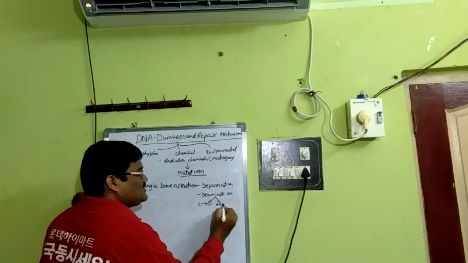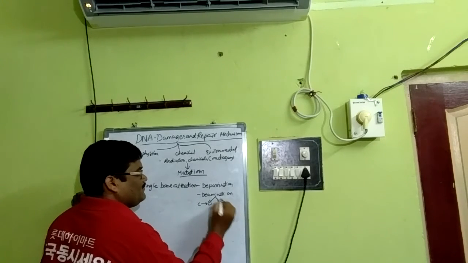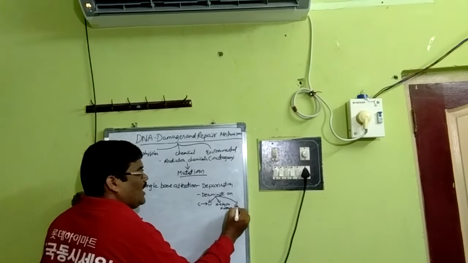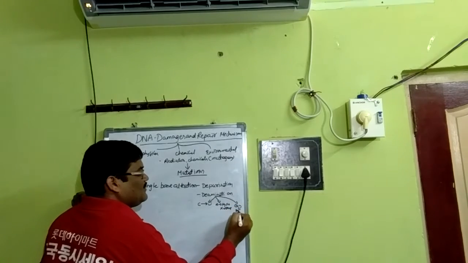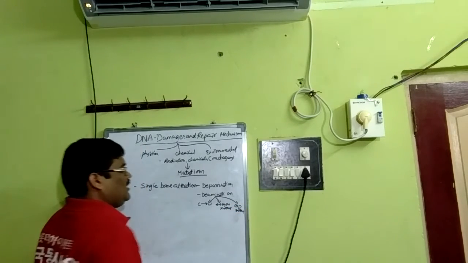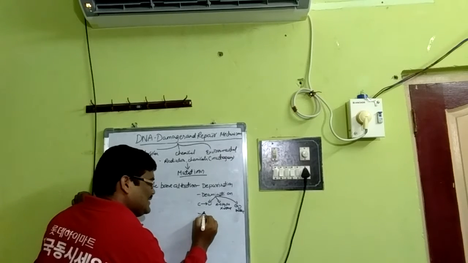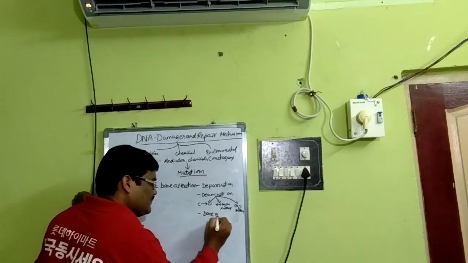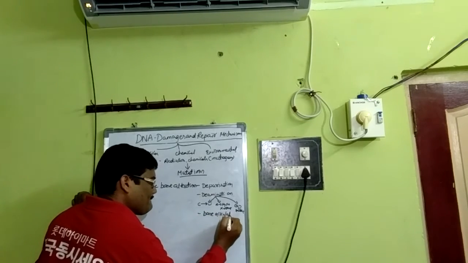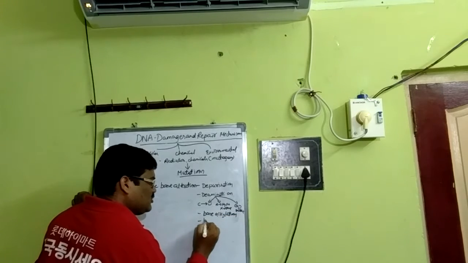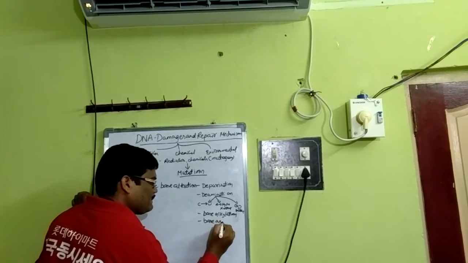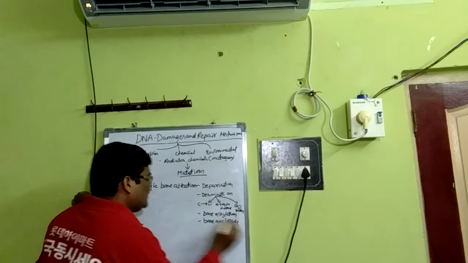Adenine becomes hypoxanthine because of deamination. Guanine becomes xanthine because of deamination. And base alkylations, incorporation of base analogues.